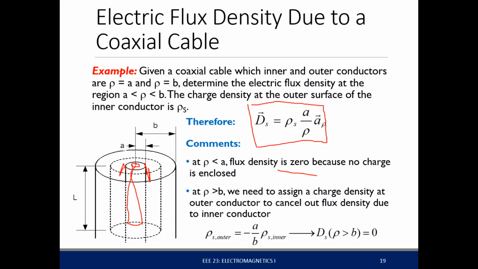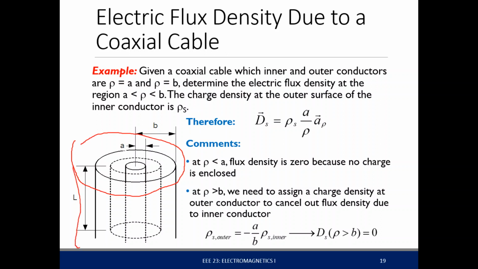Okay. At rho greater than B, we need to assign a charge density on B such that anything outside B, okay, if we take a Gaussian surface outside, so greater than B, something like this, some Gaussian surface that is much bigger than B. So you can imagine it, I hope.